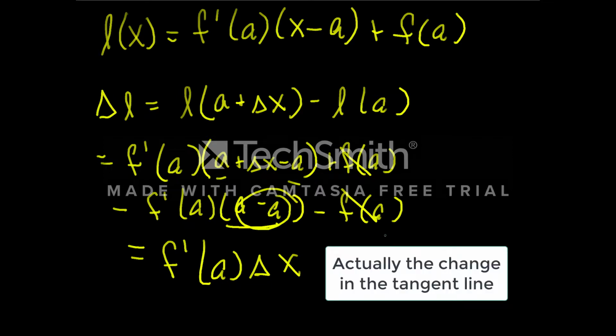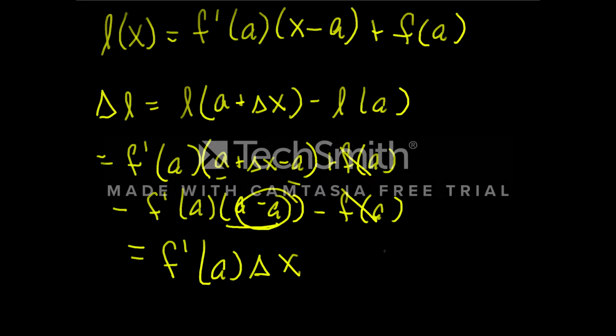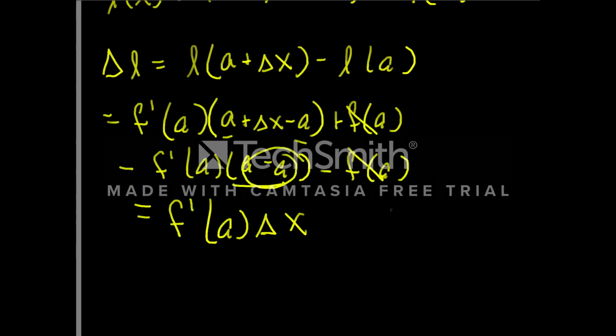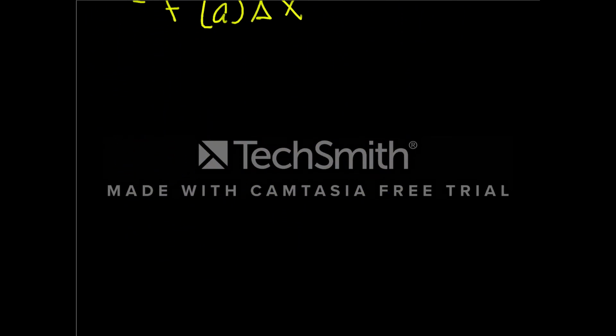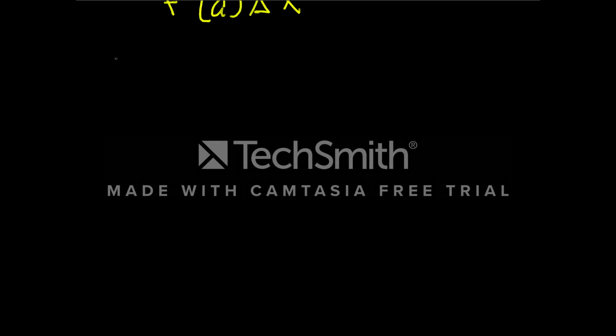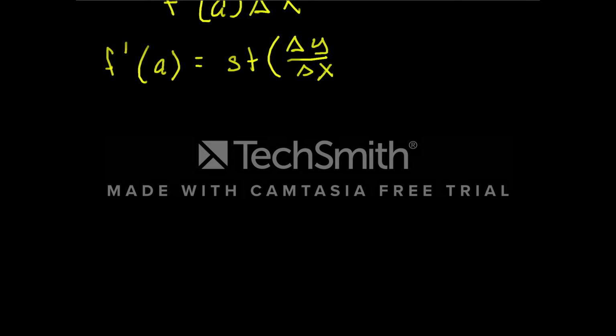Now, if I look at the change in y for the function, we know that f prime of a is the standard part of the change in y over change in x.